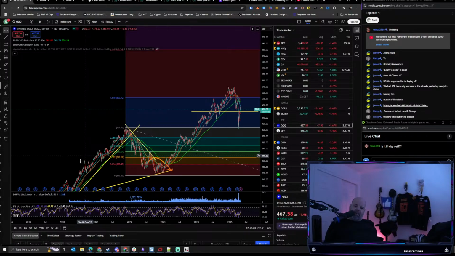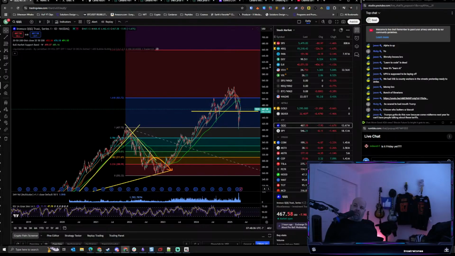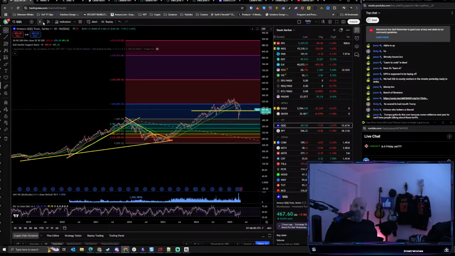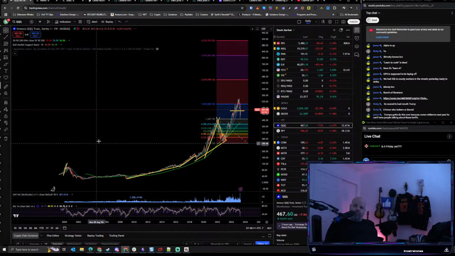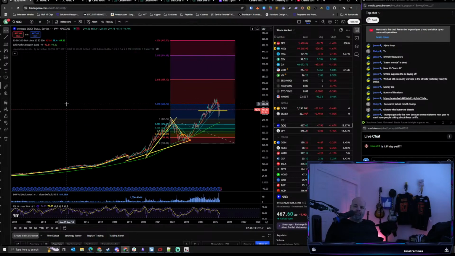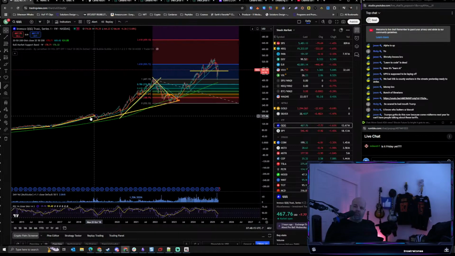Way back here. Nope, way back here. Here's the stock market before COVID. We were at 234, 235. We had a bad run with Trump.